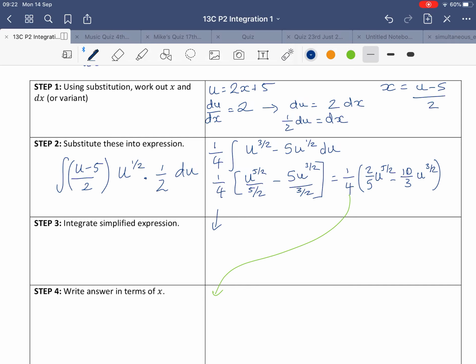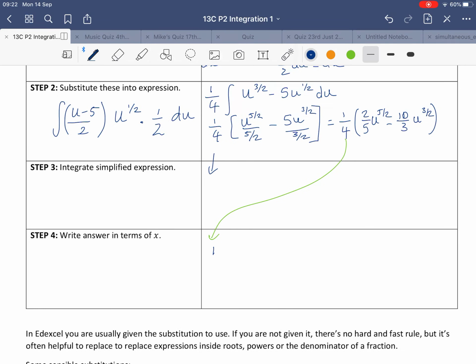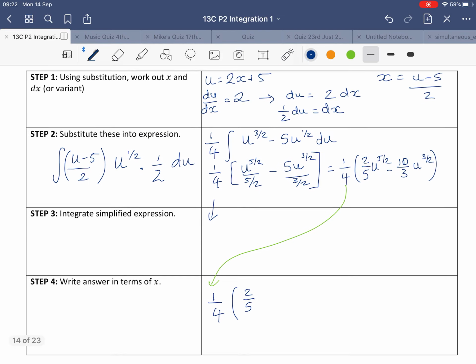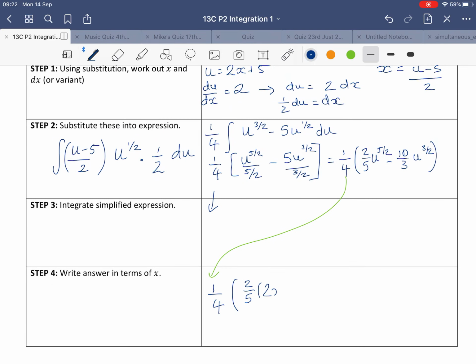So we've got a quarter times 2/5 u, which is 2x plus 5, to the 5 over 2, minus 10/3 u to the 3 over 2. And then don't forget your plus c.